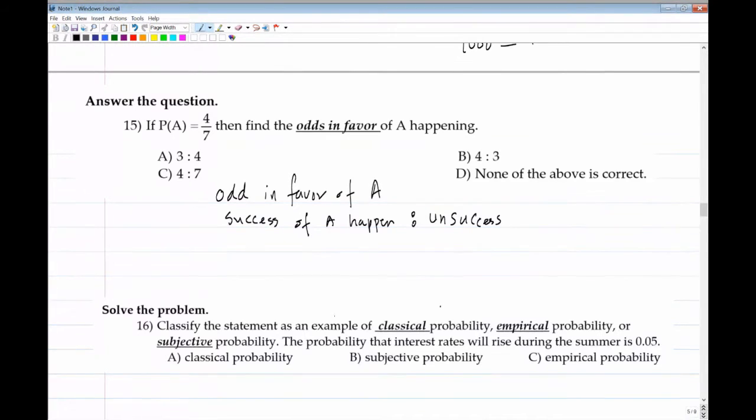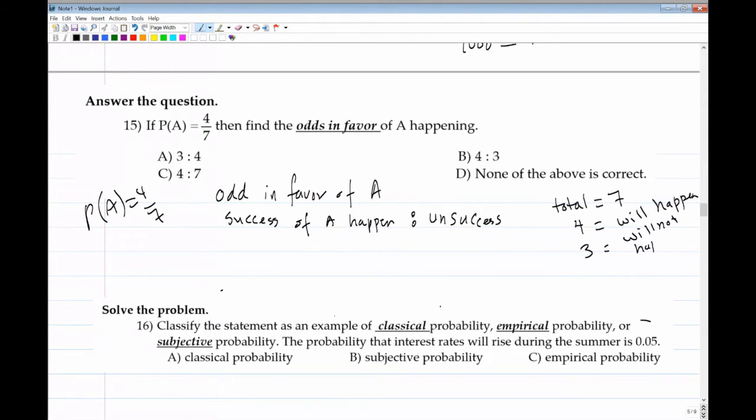So when we say the probability of 4 to 7, if I write it right here, the total will be 7, 4 will happen, and 3 will not happen, because that's the difference between 4 and 7. Be careful with the word not.